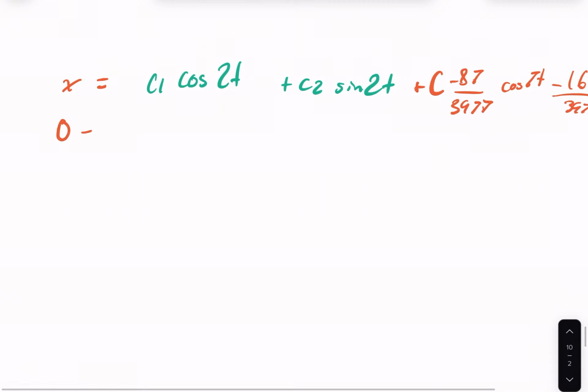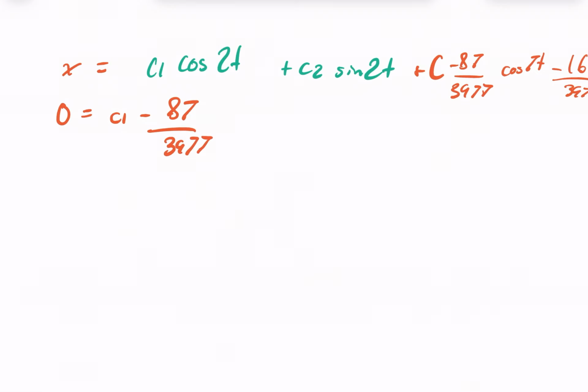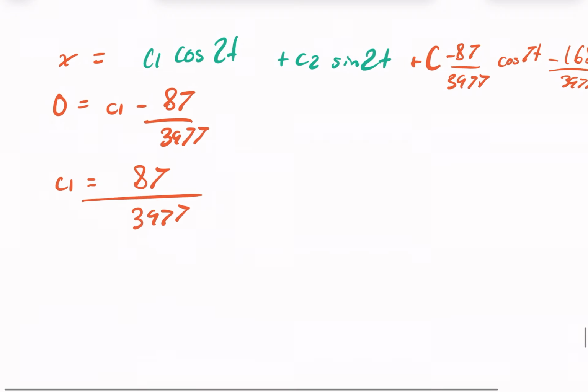Okay, and then 0 equals c1 minus 87 over 3,977, and you'll get c1 equals 87 over 3,977.